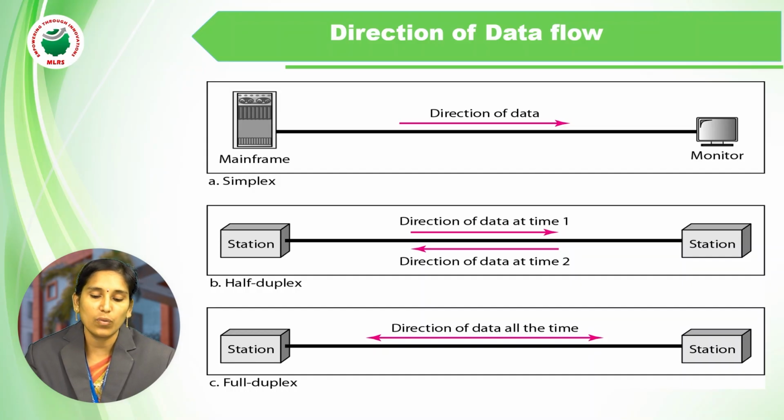In this direction of data flow, there are 3 modes: simplex mode, half duplex mode and full duplex mode. In simplex mode, the direction of data is only one side. In half duplex mode, the direction of data is both sides but not at a time. In full duplex mode, the direction of data is both sides and it can be at a time.